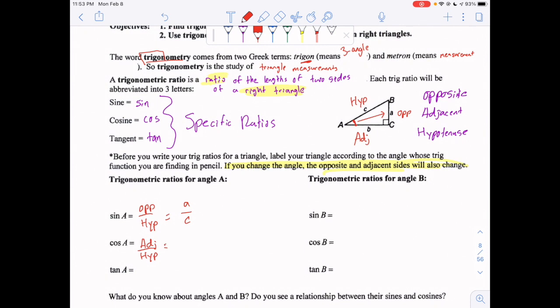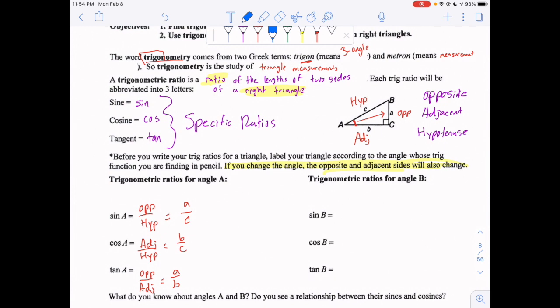So adjacent would be B over C. And then for tangent, it would be opposite over adjacent, which would get me A over B. Okay, so pretty easy there.